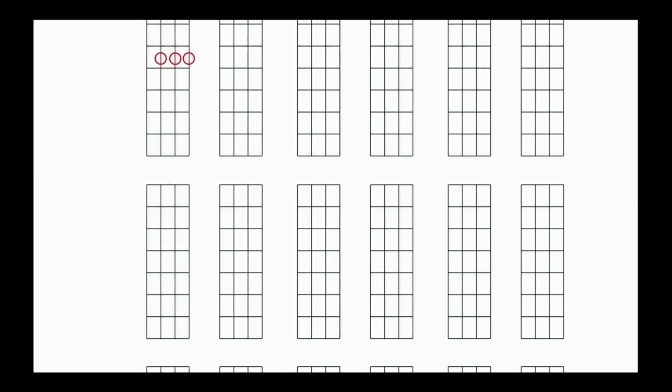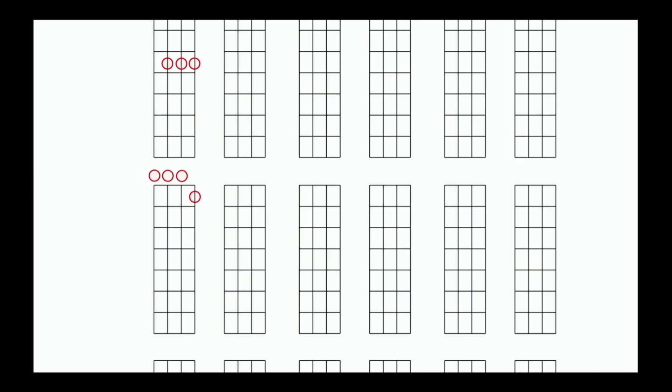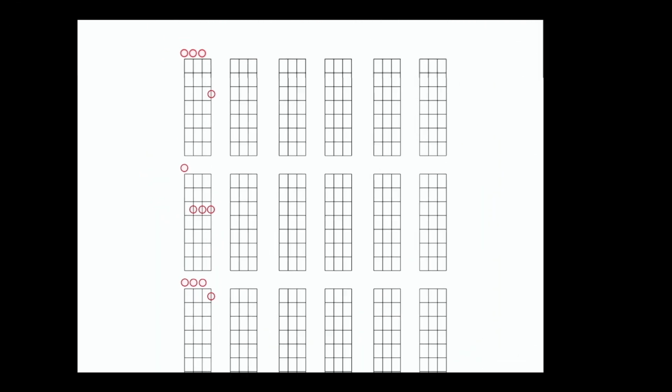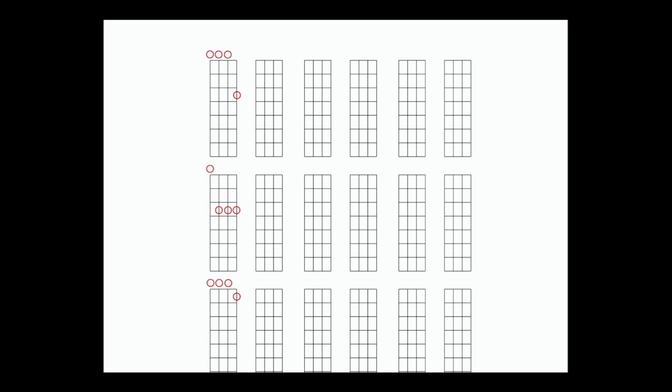And there's our C7. So we have C, C minor, and C7. And we can write these down right there so that you remember.